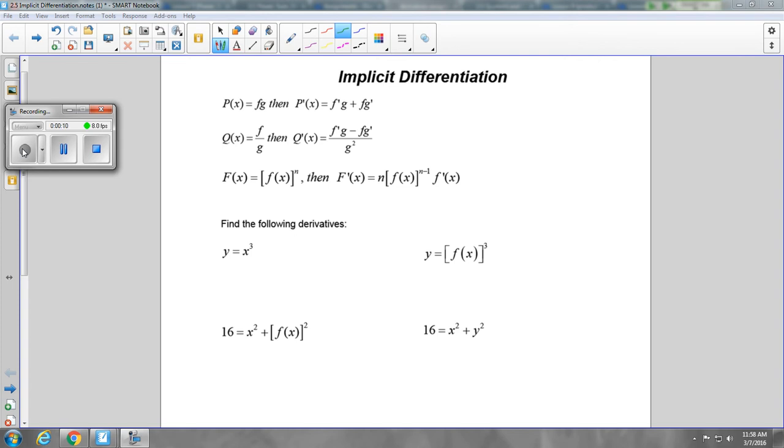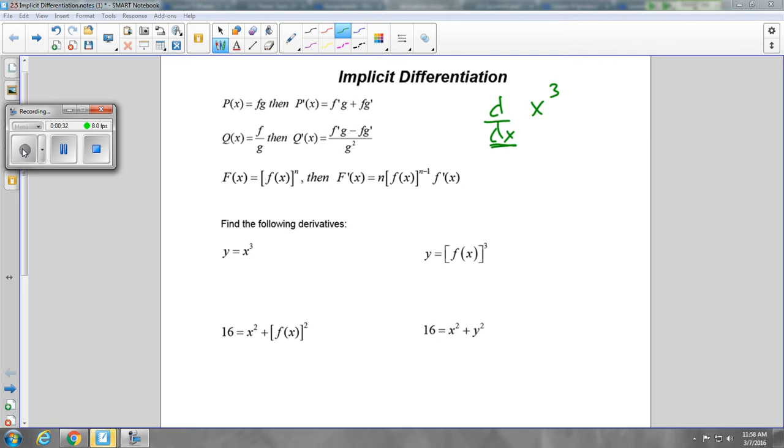So implicit differentiation, what it is. Usually we've been doing something called explicit differentiation. And that just means that typically if we had d/dx of, I don't know, x cubed, we're saying, what's the derivative of x cubed with respect to x? And that's the easy part, right?